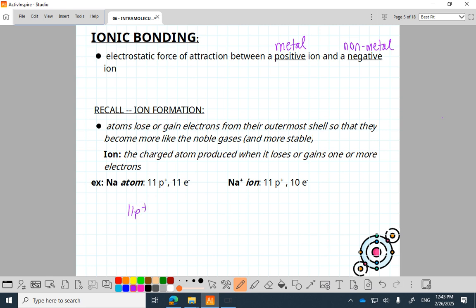So sodium has 11 protons and 12 neutrons.